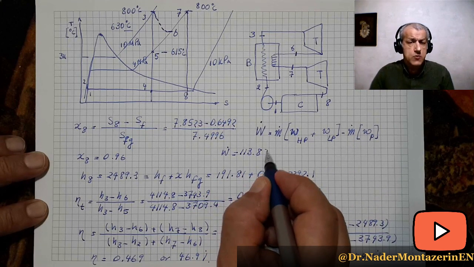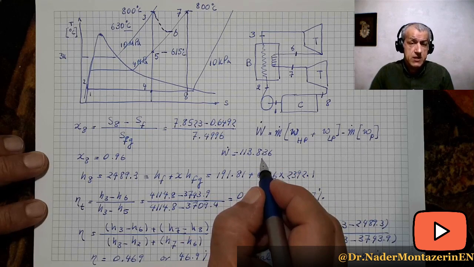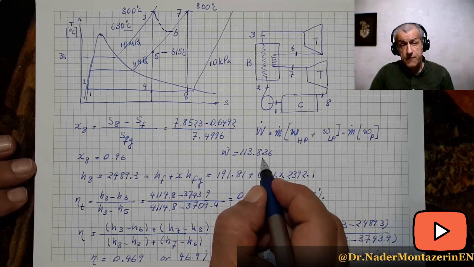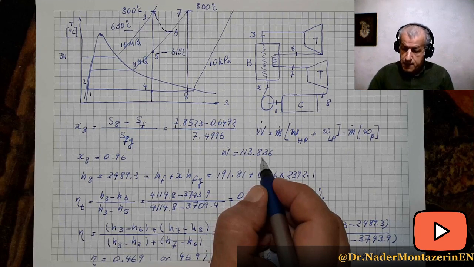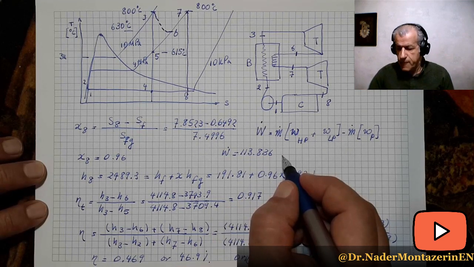113.836, which we're assuming is the same mass flow rate as the previous example, just to see whether the reheat has increased our total work or not. And we expect it to happen.